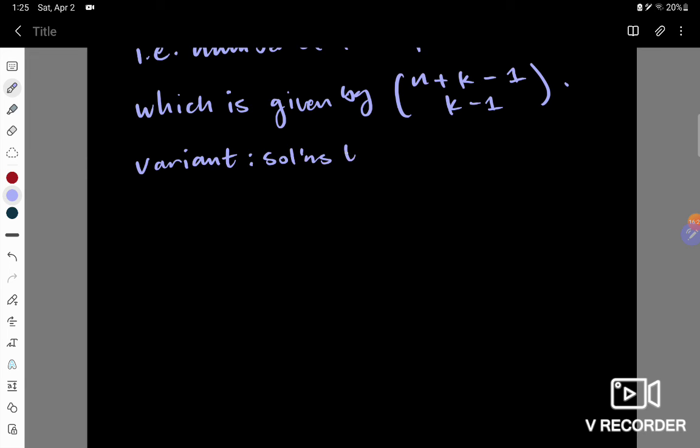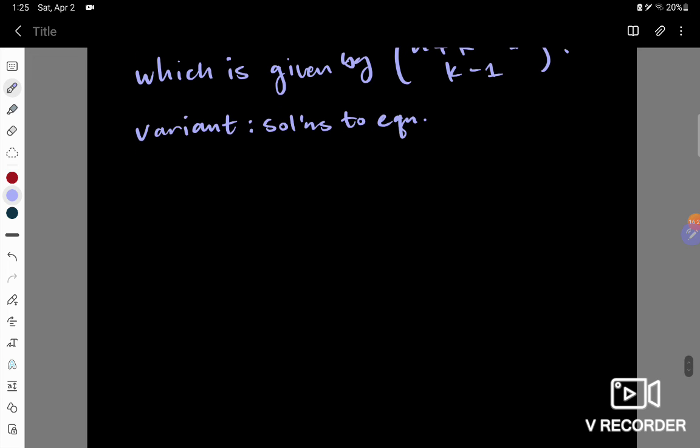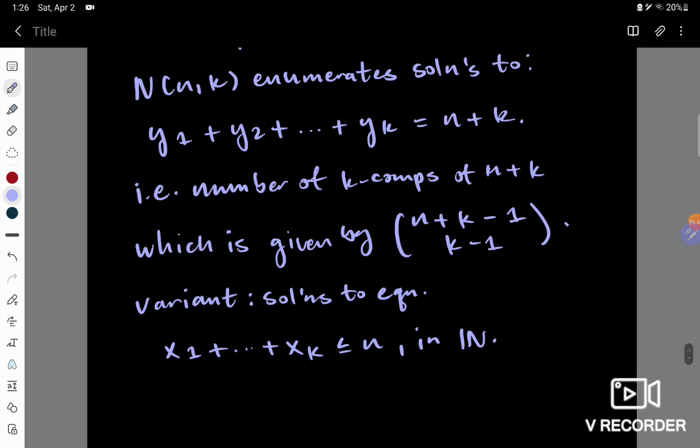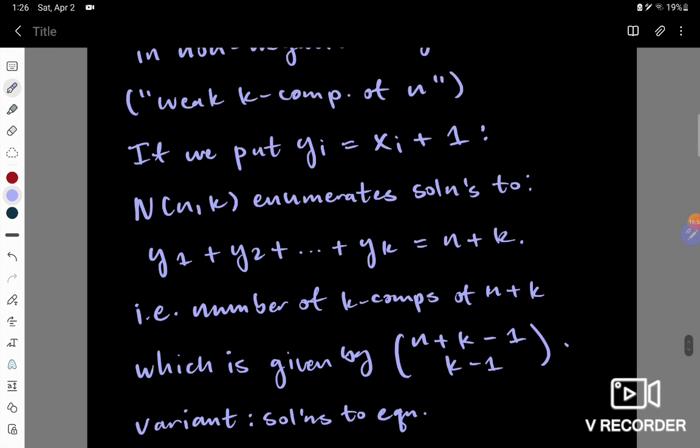Solutions to the equation x1 plus until x sub k less than or equal to n in non-negative integers, or natural numbers. Now, the distinction is that now we're taking less than or equal to instead of equal to, and we use a similar technique to the previous problem here. This introduction of this new variable y is a slack variable.